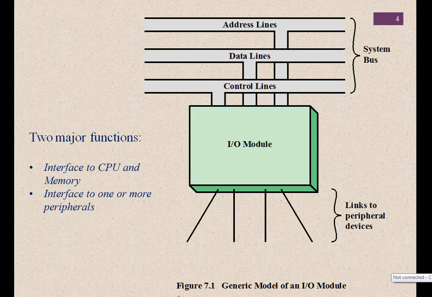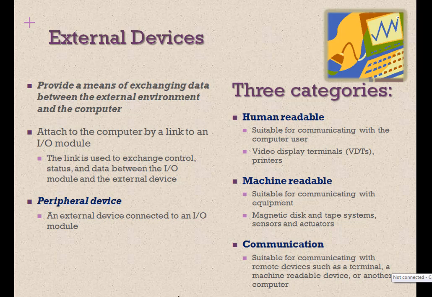There are two major functions: interfacing to the CPU and memory, and interfacing to one or more peripherals. External devices provide exchange of data. They are attached to the computer by using an IO module, and then the peripheral devices are connected to the IO modules.